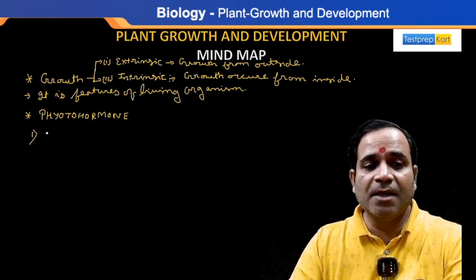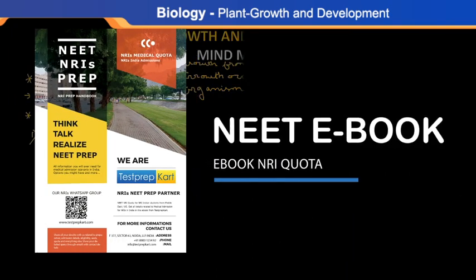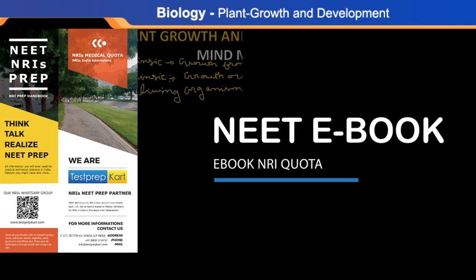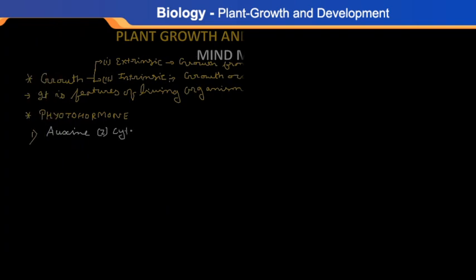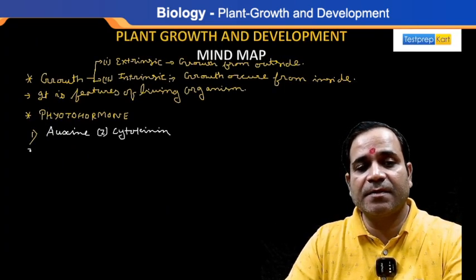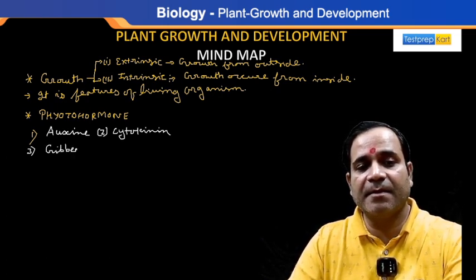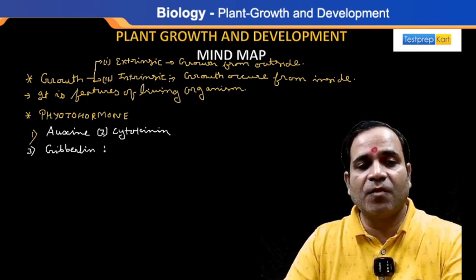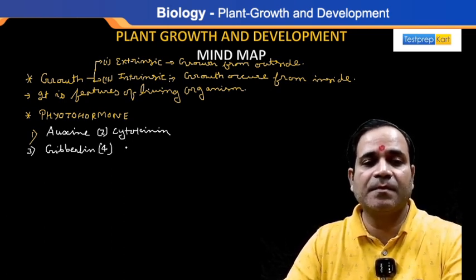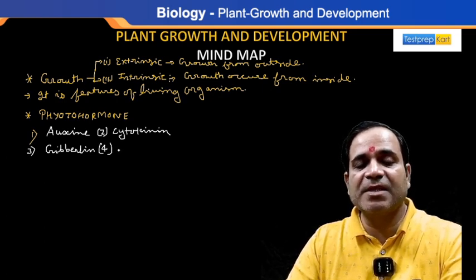In phytohormones, let's see first. One is auxin. Second one is cytokinin. Third one is gibberellin.